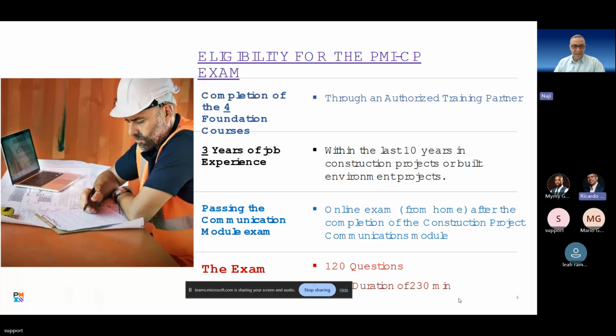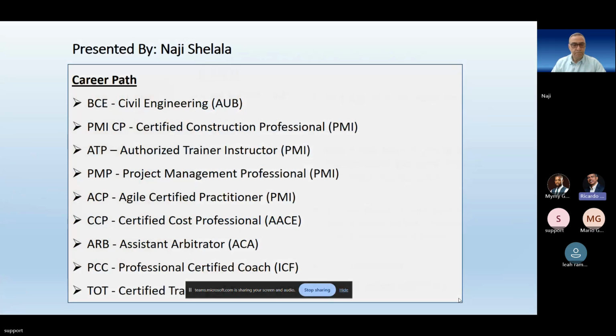Naji, just for context, the people that should be joining have already done the 4 modules, and this is a review session. So in terms of eligibility and the pathways, you could just skip over that because they should have completed it. They're eligible. I will not talk about these slides.